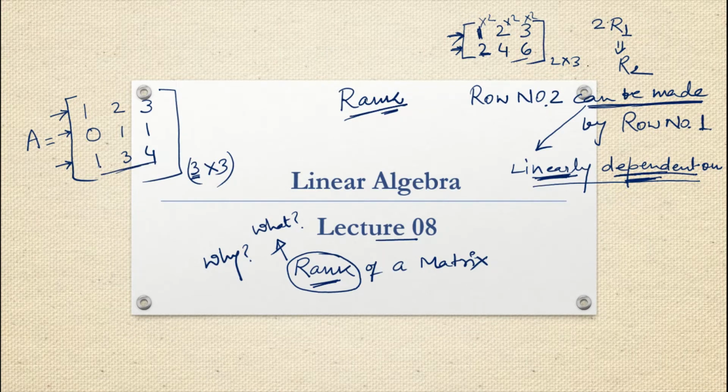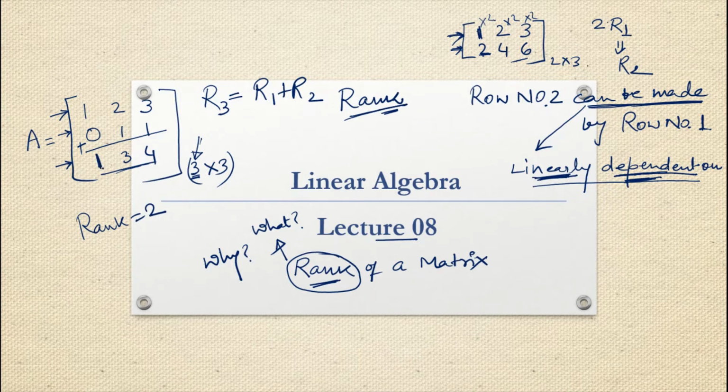This can be made by row number 1 plus row number 2. That means R3 is actually R1 plus R2: 1 plus 0 is 1, 2 plus 1 is 3, and 3 plus 1 is 4. In this case, the rows are 3 for sure, but the rank of the matrix is only 2, because this row is dependent on the other rows.